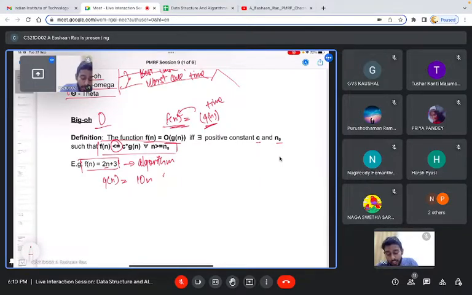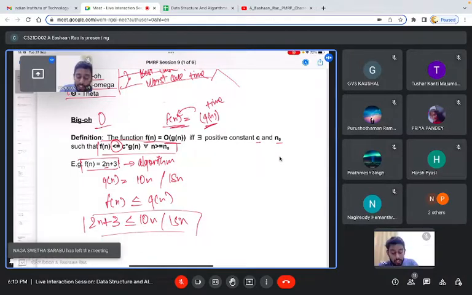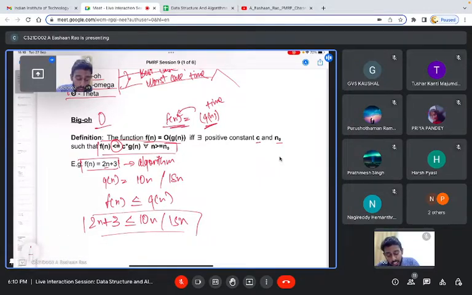For example, 10n, or 15n. If we bound f(n) by g(n), obviously 2n + 3 will be less than or equal to 10n or 15n. So this condition is valid, right? Here the 10 will be considered as c.